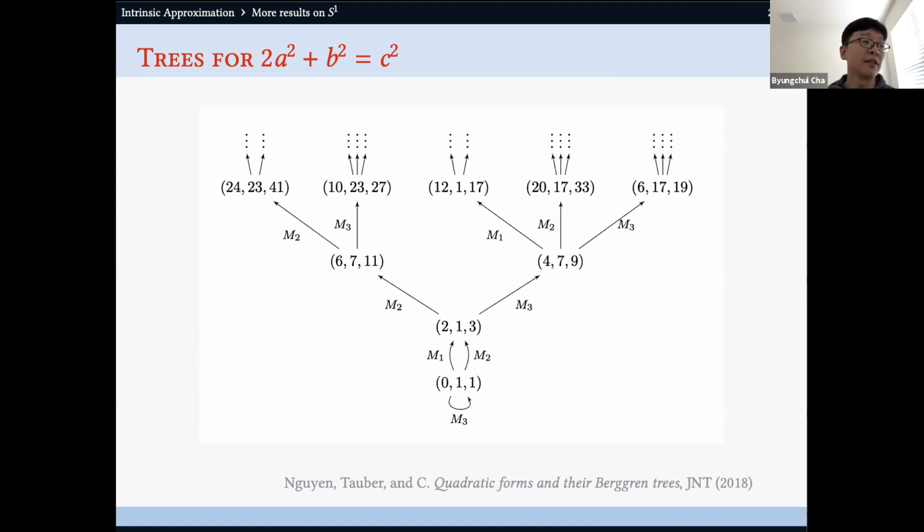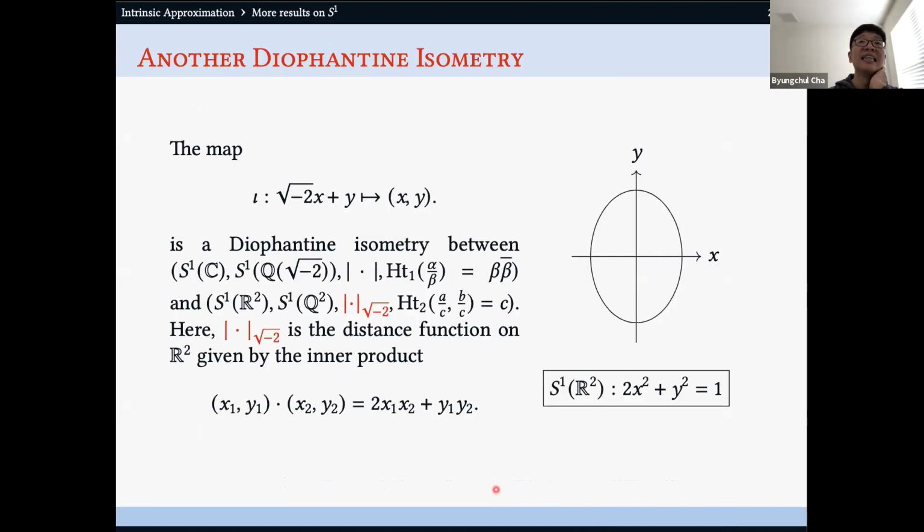We're able to create the digit sequence for the corresponding quote unquote circle. And then we're able to prove, in this case, the Diophantine isometry we're constructing looks this way.